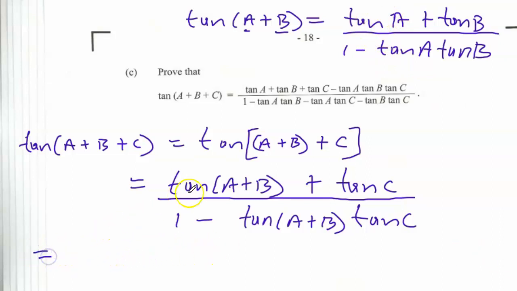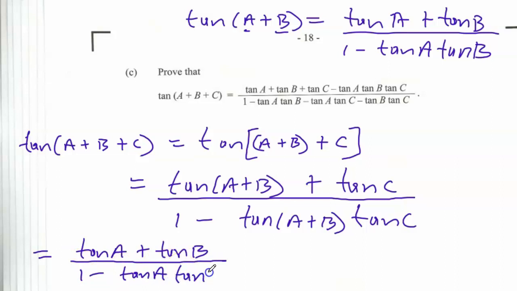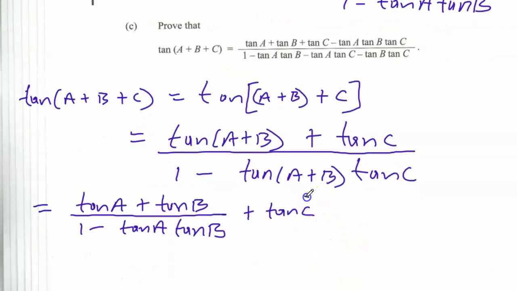So we replace tan(A+B) with tan A plus tan B over 1 minus tan A tan B, plus tan C, and I'm going to separate it now. Divide by 1 minus, let's separate the bracket here.